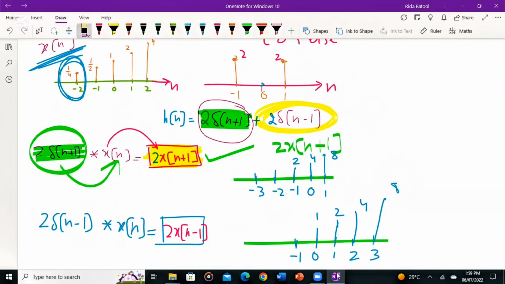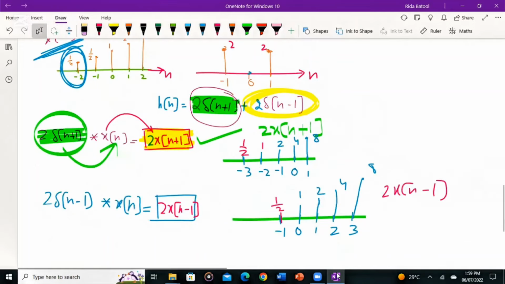Here, when you multiply 1 by 2 by 2, you will get 1. And here you will get 1 by 2. Similarly, here 1 and 1, then 1 by 2. Now, this is 2x of n minus 1. Now, add these two.